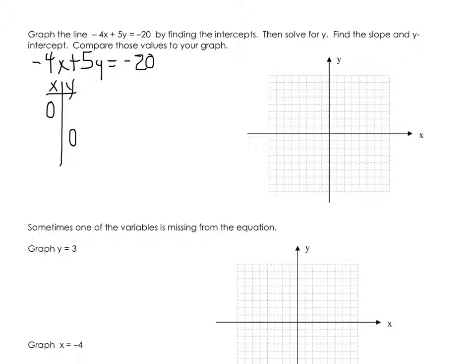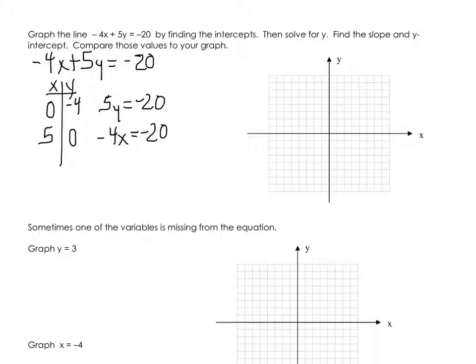So if x is 0, we'll have 5y equals negative 20. So y is negative 4. If y is 0, we'll have negative 4x equals negative 20. Divide both sides by negative 4 and you get x equals 5.